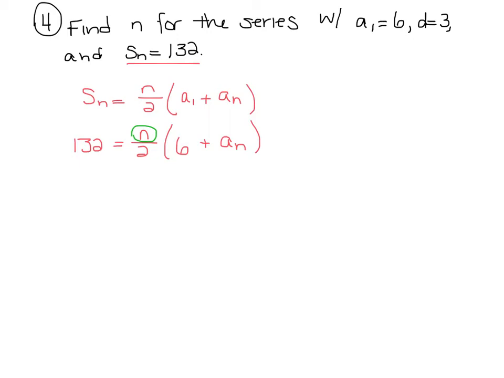From yesterday, I can go ahead and realize that a sub n is equal to my a sub 1 of 6 plus the quantity of n minus 1 times our d of 3. So better yet, a sub n is really 6 plus 3n minus 3, or a sub n equals 3n plus 3.